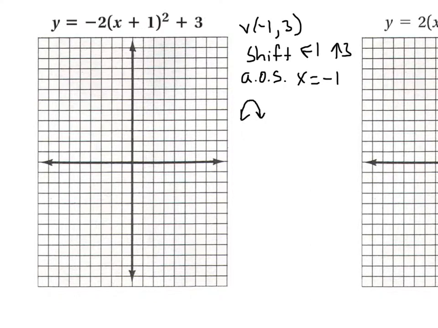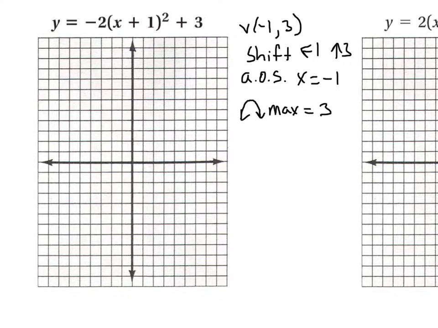And so that means we have a maximum or a minimum? We have a maximum value. Our maximum value is going to equal 3. Where'd the 3 come from? It's the y coordinate of the vertex. So the axis of symmetry is the x coordinate of the vertex. The maximum or minimum value is the y coordinate of your vertex. Okay?